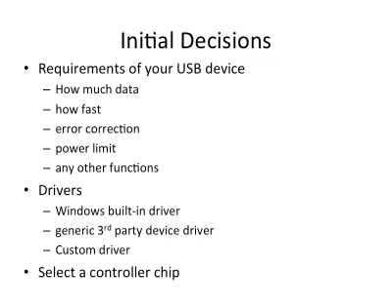Initial decisions include: you want to understand what the requirement of your USB device is, how much data you want to store or transfer, and how fast you want to transfer these data. What type of error checking mechanisms you want to employ. You want to do CRC or you want to do other error checking methods. And power limit.